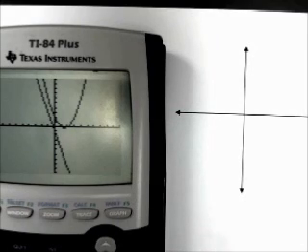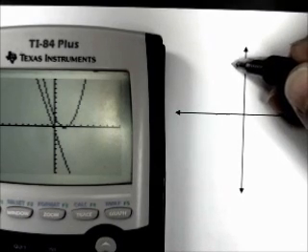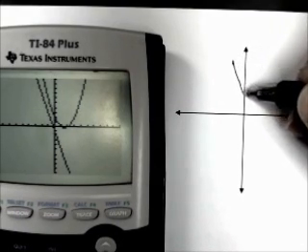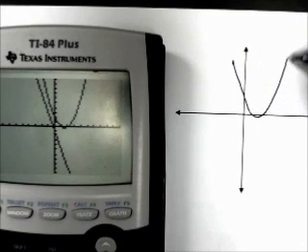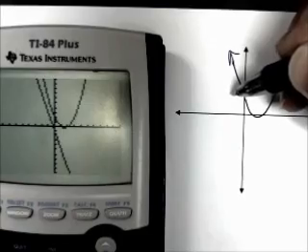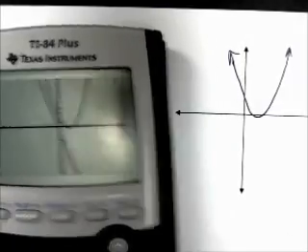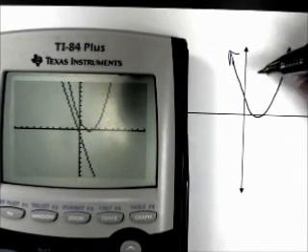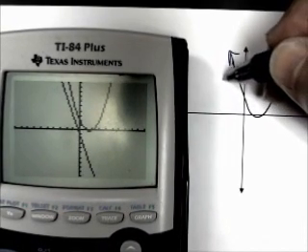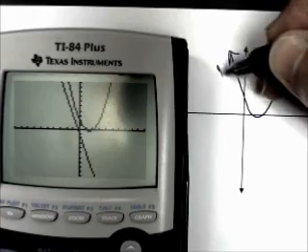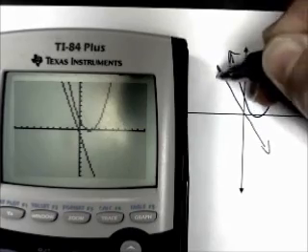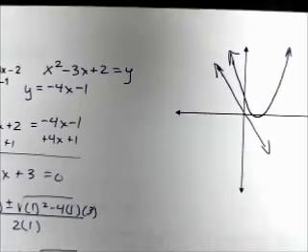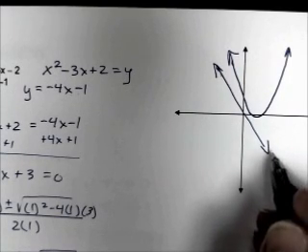Our parabola and our line do not intersect. So no points of intersection, no solution.